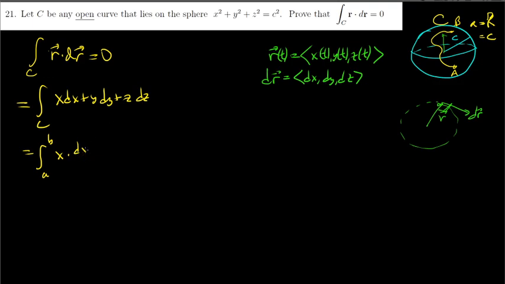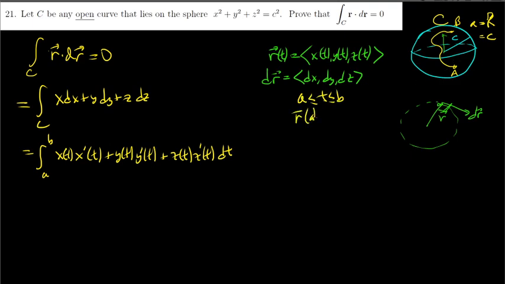I'm just doing x times the derivative of x. So maybe I'll just call it x prime. And then y times y prime, and then z times z prime, dt. So yeah, t just runs from a to b. In other words, r of a is the point A as a vector, and r of b is the point B as a vector from the origin.